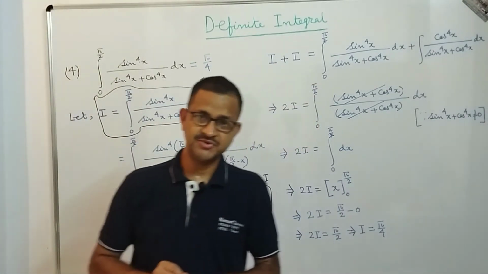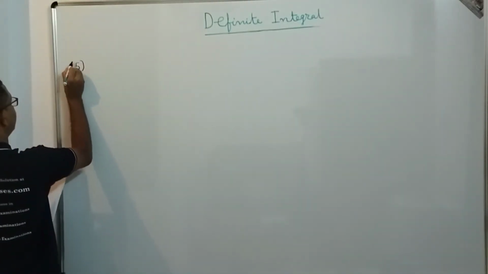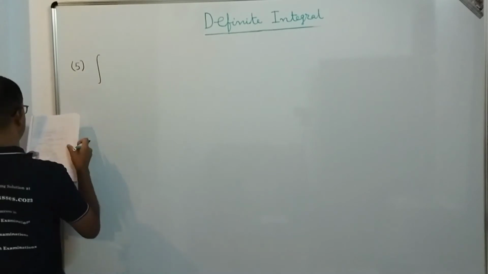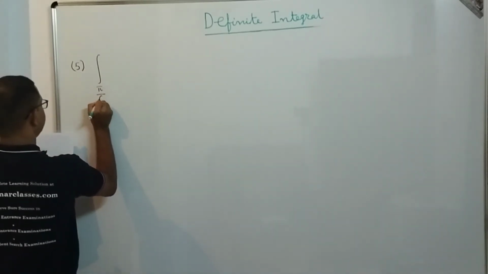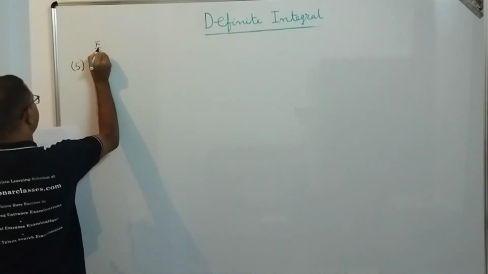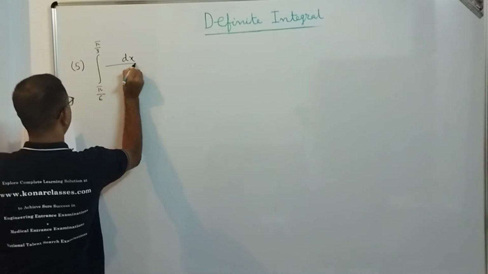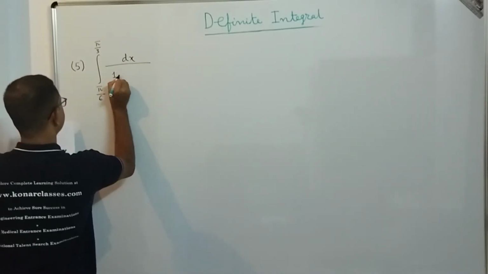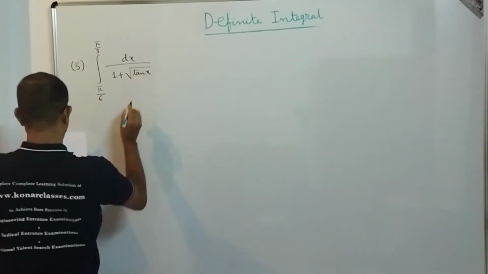So now let's proceed to the next question. This is question number 5: integration pi by 6 to pi by 3 of dx divided by 1 plus square root of tan x.